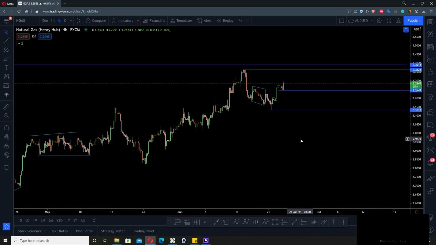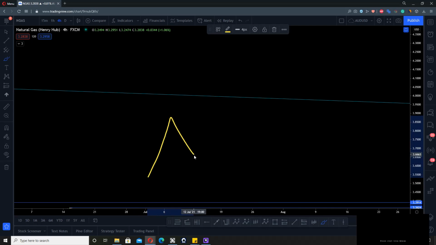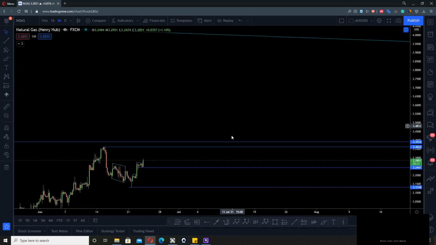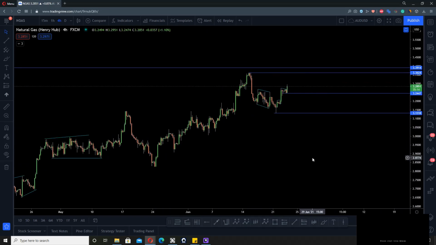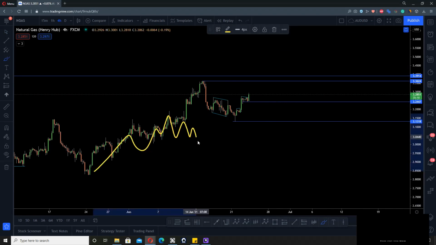Okay, if you know wave analysis, then you know that the market moves in these waves, and these corrections are a three-wave correction. Corrective waves are a three-wave pattern, and therefore I always look for a three-wave correction when I am in a trend and I want to find a continuation pattern.